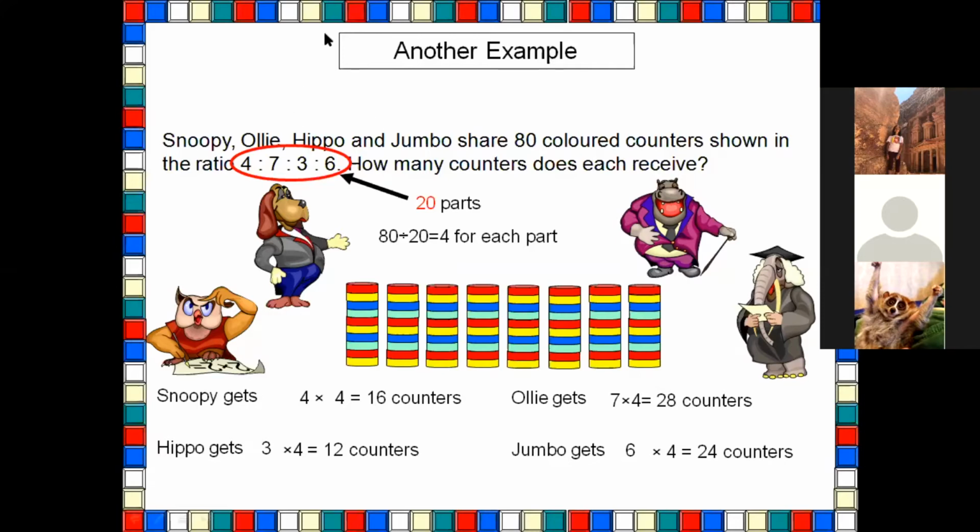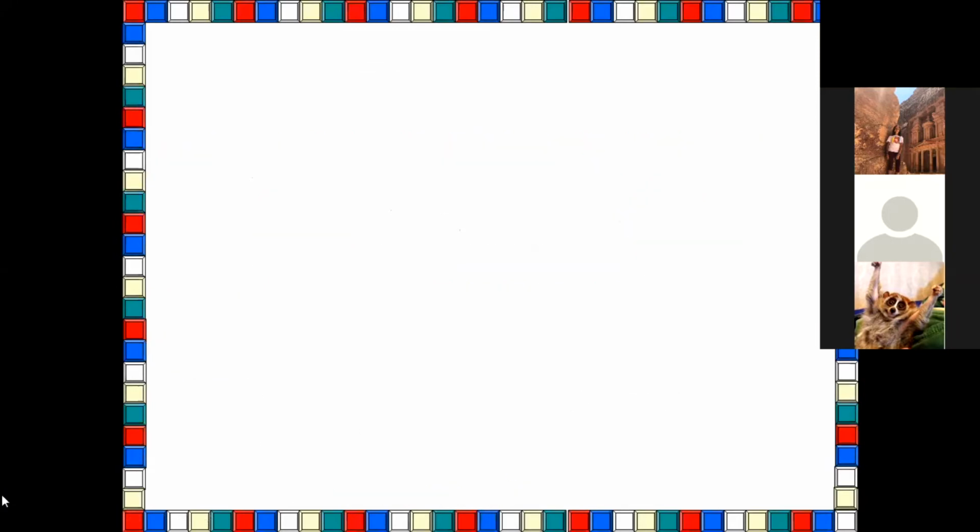So here we're sharing 80 colored counters divided by the total that you get. Then the answer that you have, multiply it by each part of the ratio. How can you make sure you did it right? Just add all the answers: 16 counters and 28 counters, 12 counters, 24 counters. You should get 80 counters in the end.